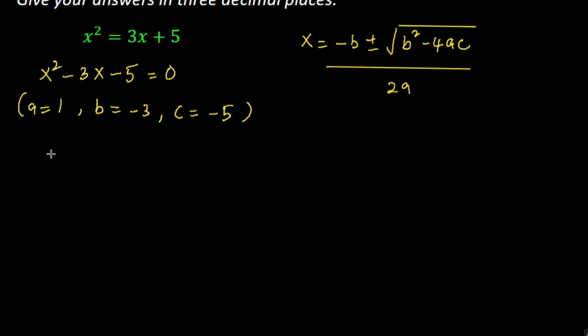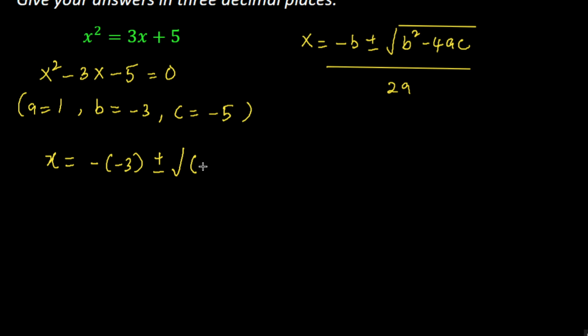So I will substitute. I will get x equals negative B, which means negative 3. If you know it's positive 3, because negative times negative is positive, you can just write positive 3. Plus minus the square root of B squared, which is this one. Be careful here, because many students write without the bracket.